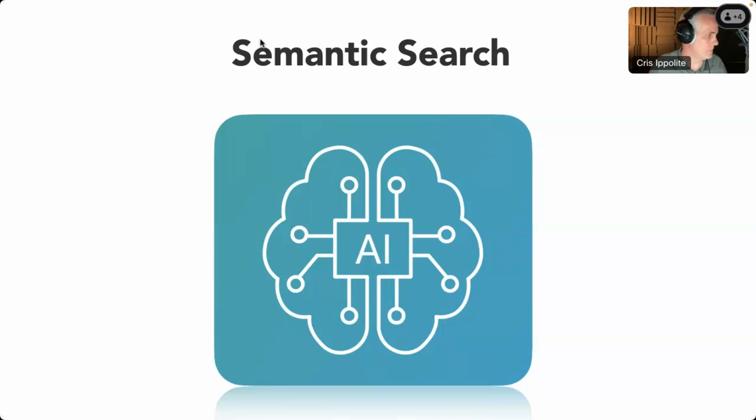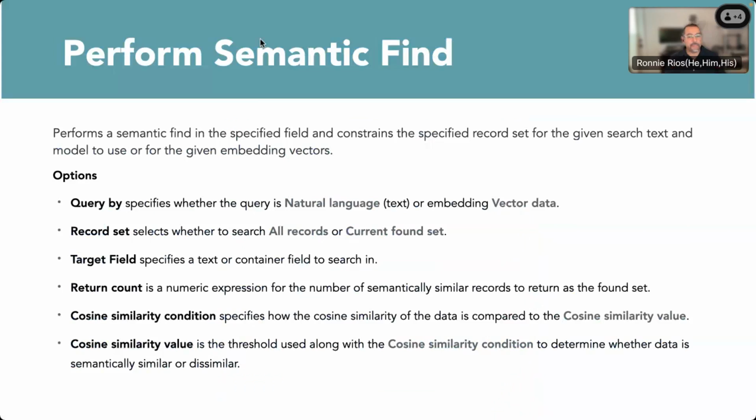Absolutely. All right. So yeah, once again, you've got your AI account set up, right? You've created your vector embeddings. So now you're ready to do semantic find in your application. The way to do that is this one script step called perform semantic find. As the name implies, that's exactly what it does.